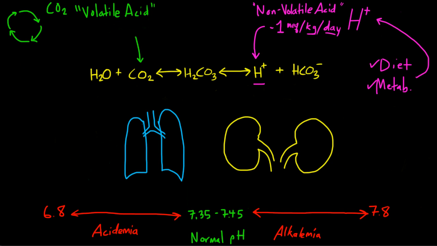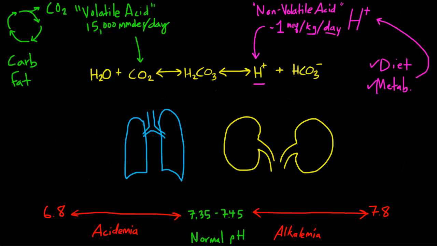And look, on the other side of the equation, as a result of carbohydrate and fat metabolism, and here's the Krebs cycle. Remember, production of CO2 coming off the Krebs cycle, we will produce about 15,000 millimoles of CO2 a day.